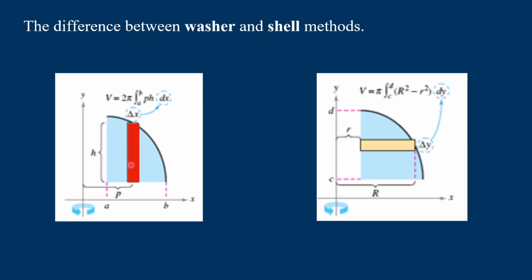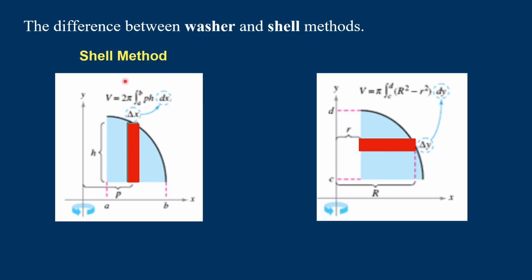The first one is a vertical rectangle, parallel to the axis. Which method is that? That's the shell method. In the other picture, we rotated this blue region over the y-axis, but I sketched the rectangle horizontally. This is the washer method.